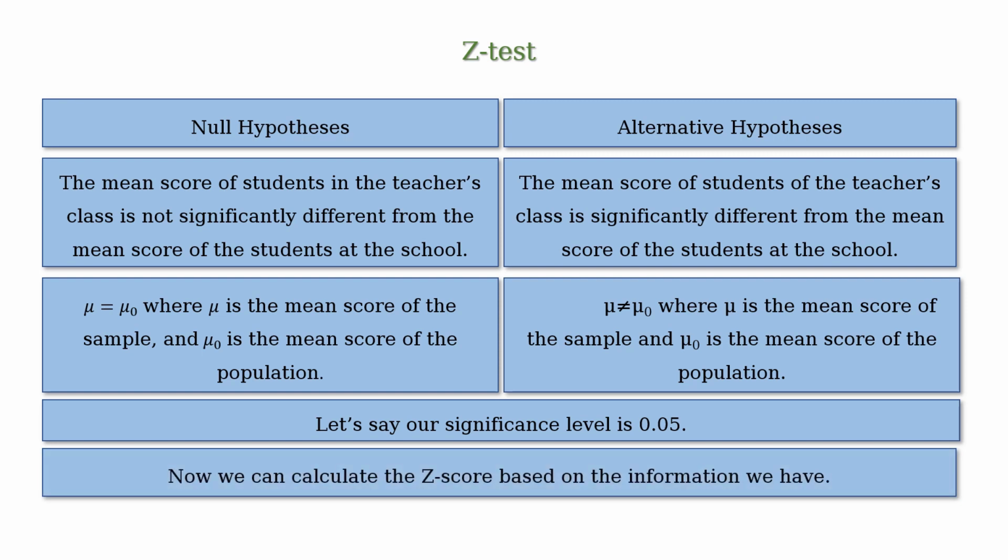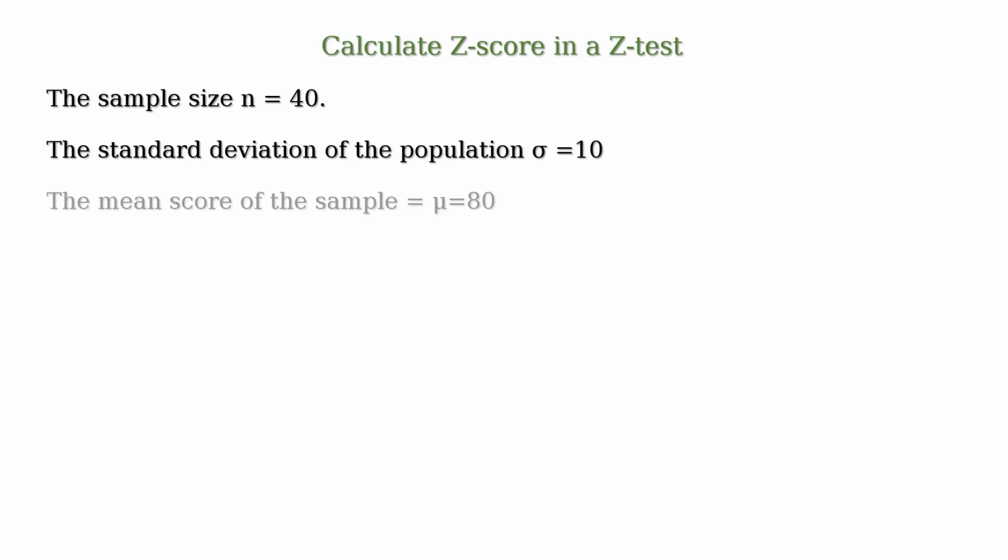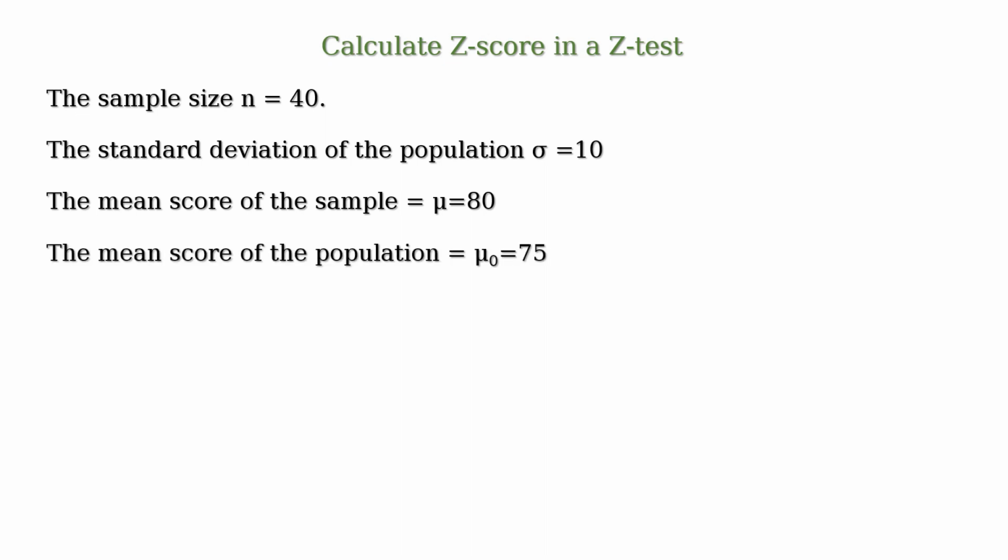So, now we can calculate the z-score based on the information we have. Here, the sample size n is equal to 40. The standard deviation of the population, sigma, is equal to 10. The mean score of the sample is mu equal to 80 and the mean score of the population is mu0 equal to 75.